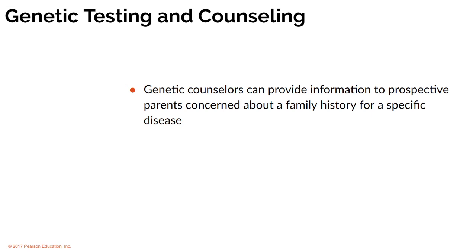And obviously, we're human beings. We can't tell people no or yes, you can or cannot have children. It's unethical, but they can at least give advice and let them know the likelihood of a child contracting these diseases.